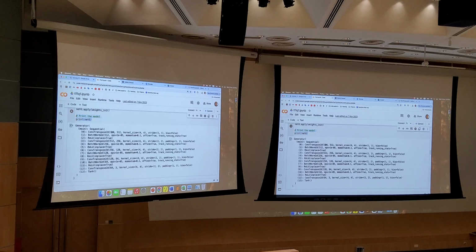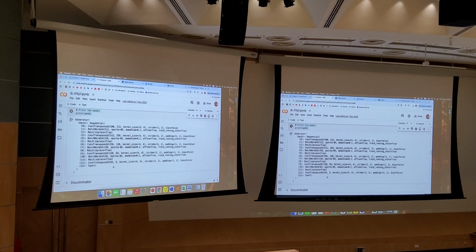Now you can see that the input dimension here originally is 100. Then that would give an output of 512. Then the next layer will receive 512 channels and produce 256. So it slowly reduces the number of channels, and eventually we reach the output channel being 3, which is the RGB channel that we want.